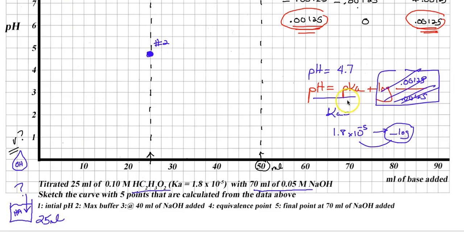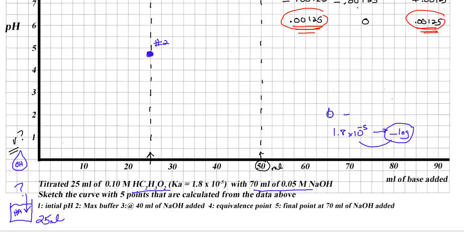So let's clear some space here and talk about how we figure this out. This will be an equilibrium problem. It's a weak acid, so it doesn't completely dissociate. Let's write the reaction. It's going to be HC2H3O2, and it's just sitting in water, so water is the predominant species it reacts with.